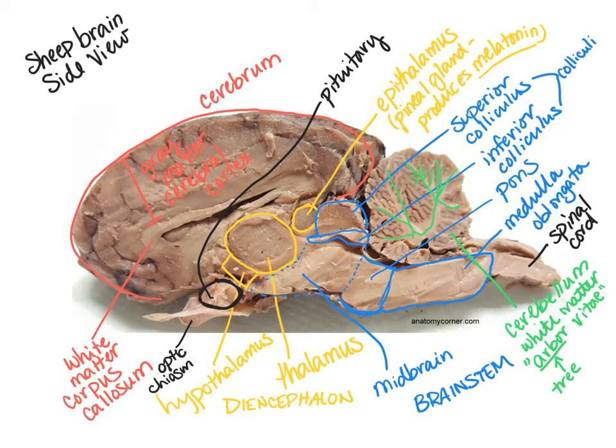So the hypothalamus and the pituitary gland actually work together to control a lot of other aspects of the endocrine system. So when you cover the endocrine system, you'll learn more about the interactions between those two structures and how they affect other endocrine glands.